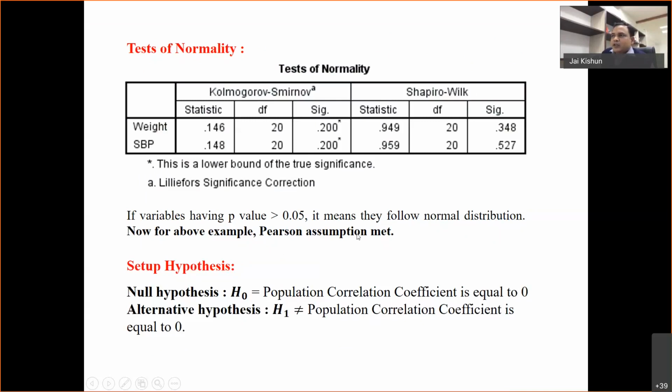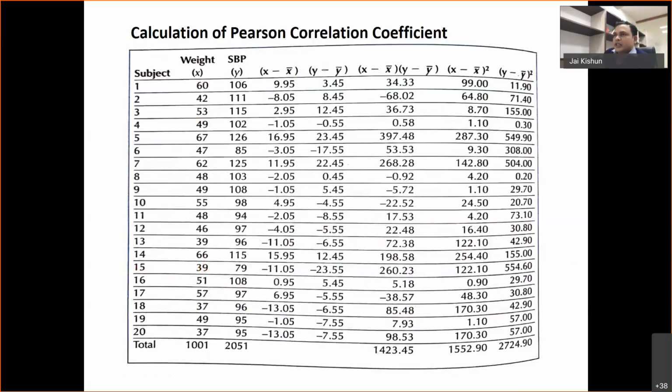When the sample is small, then we prefer the Shapiro-Wilk test. If the p value is greater than 0.05, then we say that it is normally distributed. This thing Prabhakar sir has already discussed in detail, so I'm not going into that.